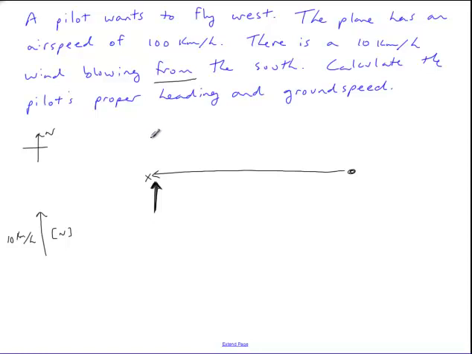To end up directly across from where he wants to end up, right here, he has to angle himself this way to actually get there. Let's label these. This is the wind speed, this one is the airspeed, and this one is the ground speed.